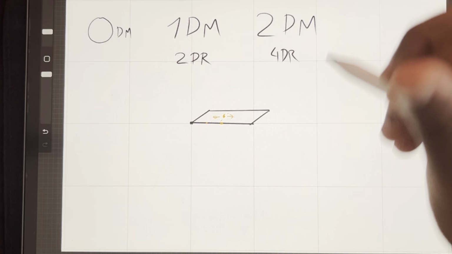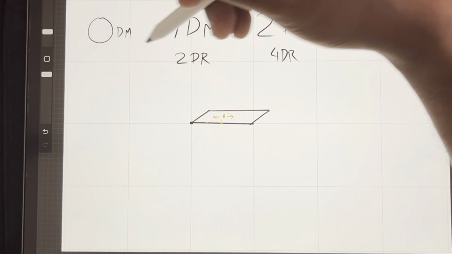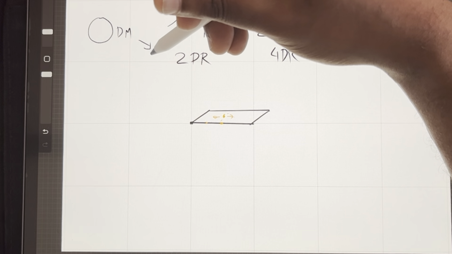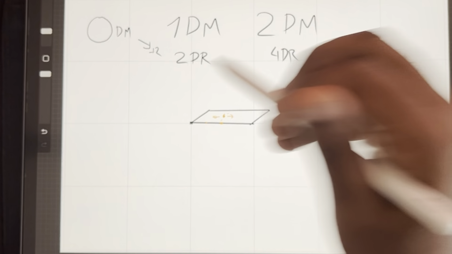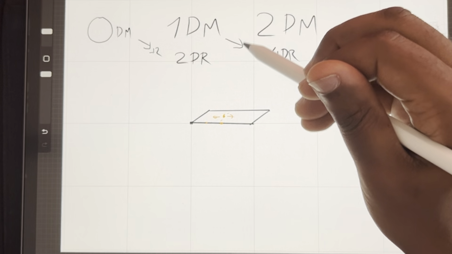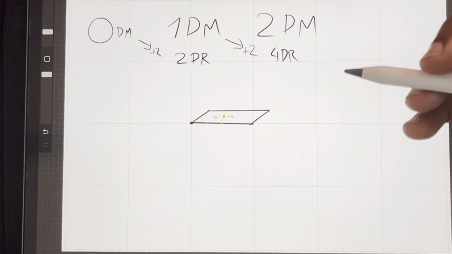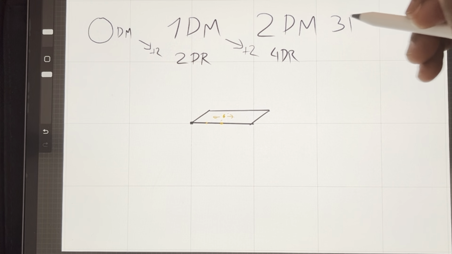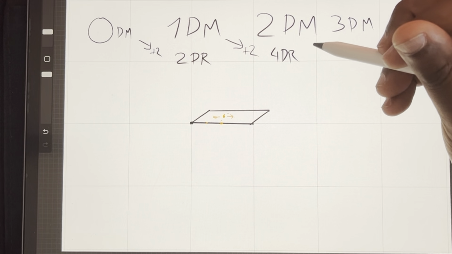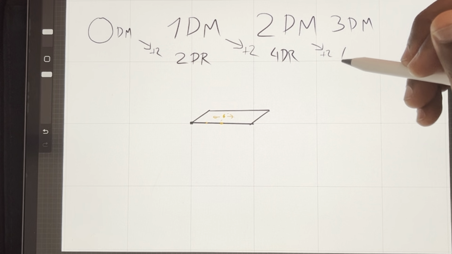So what do we see here? For the next dimension, we're always adding. Here, we're adding +2, two directions, and we're adding +2 again. We have four directions, and therefore, in a three-dimensional world where we live, we're adding, therefore it must be +2, six directions.